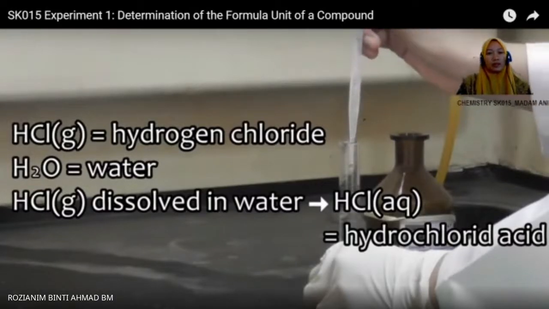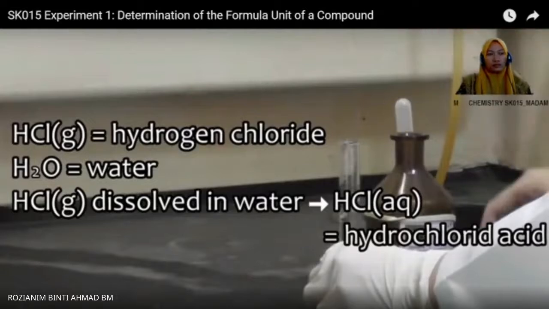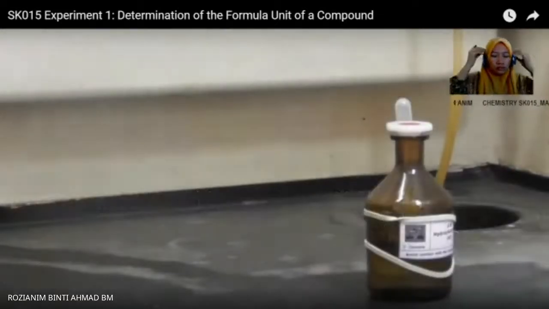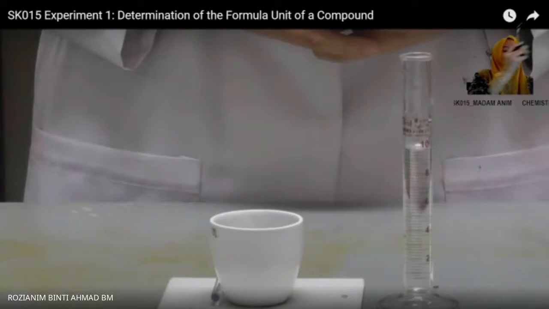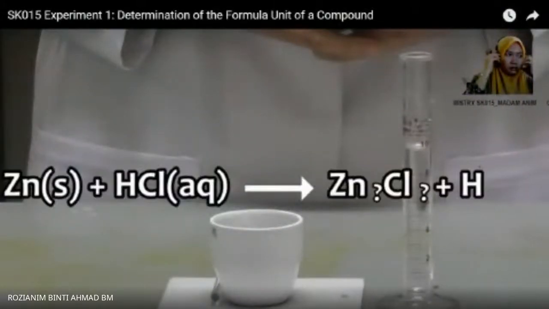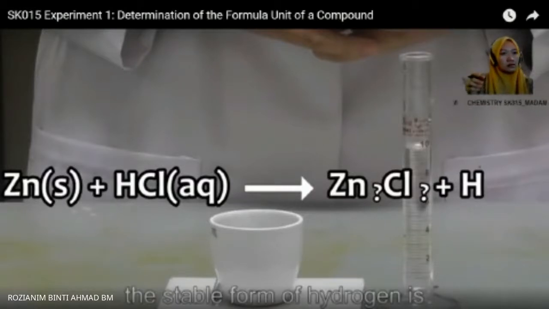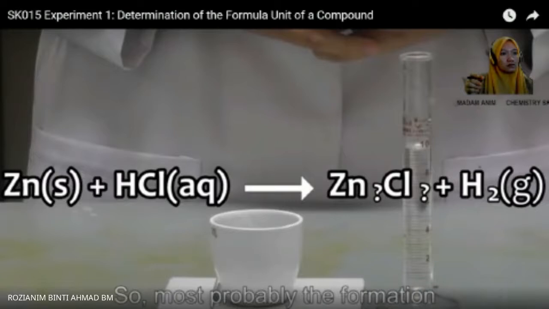Pure hydrogen exists as gas at room temperature. What will happen when hydrochloric acid is added to zinc? What will be observed? The observation can be predicted by referring to the chemical equation. At room condition, the stable form of hydrogen is diatomic molecule in gaseous state. So most probably, the formation of gas bubbles will be observed.